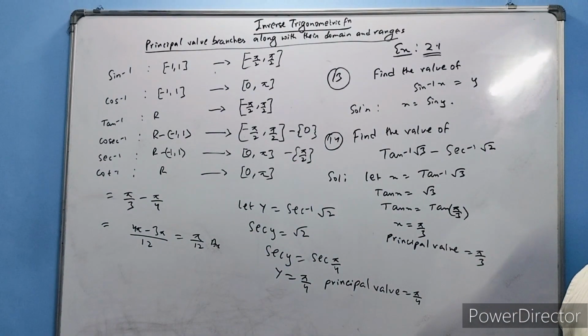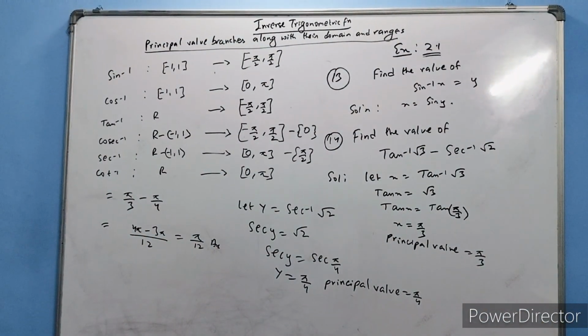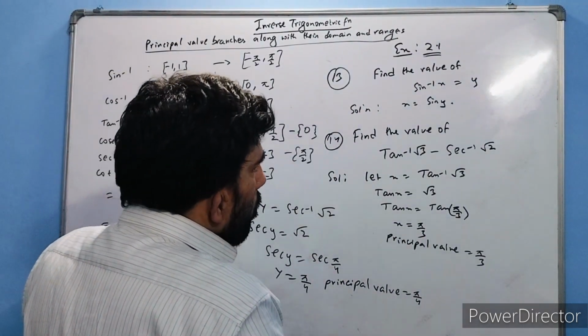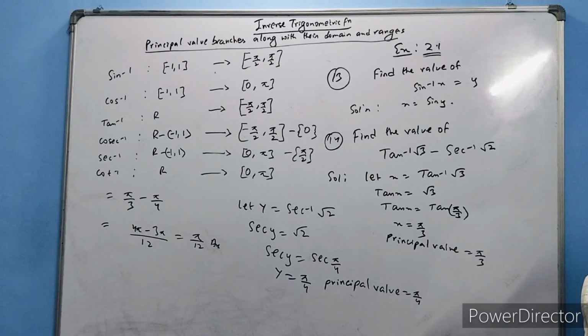Now we will try to solve another. In this question, instead of sec inverse root 2, they have given sec inverse minus 2 actually.